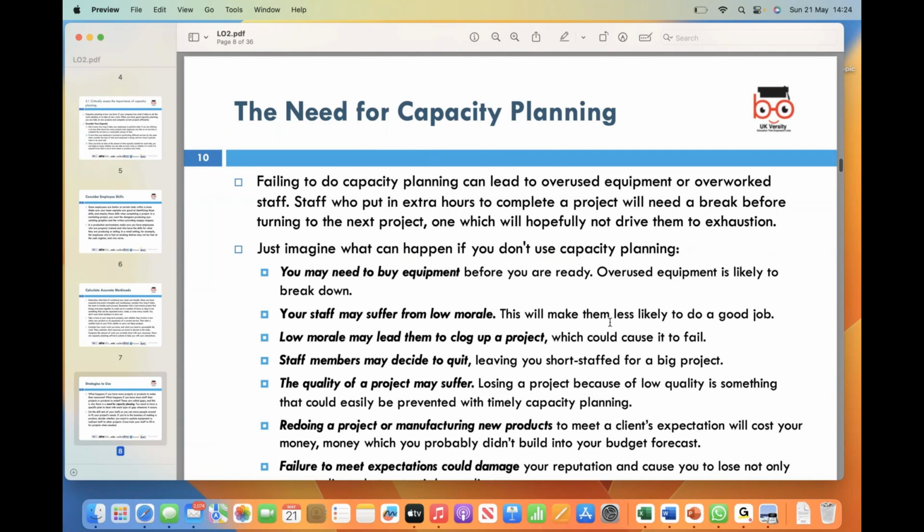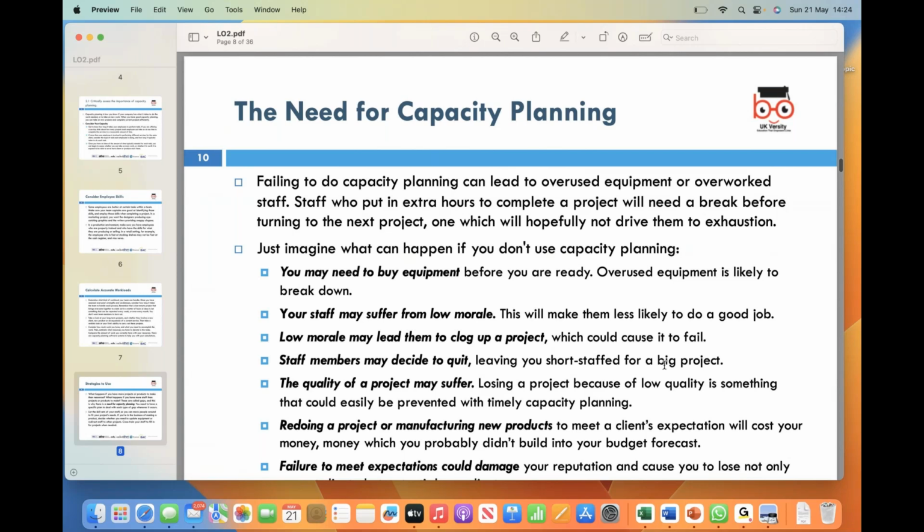Furthermore, insufficient capacity planning may force you to buy equipment prematurely. If you invest in equipment before you are truly ready, it can be wasteful and financially burdensome. Overused equipment is prone to breakdowns, resulting in unexpected costs for repair or replacement.